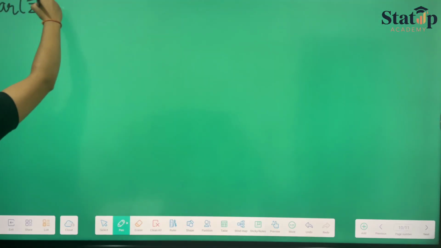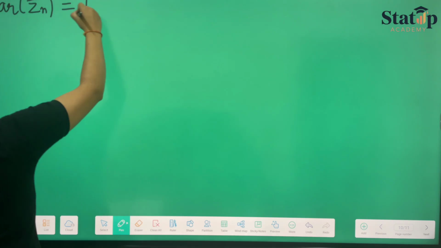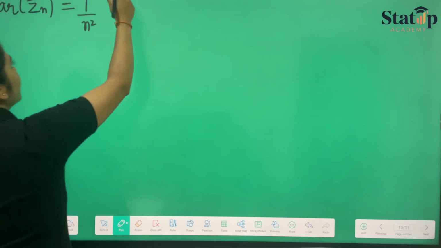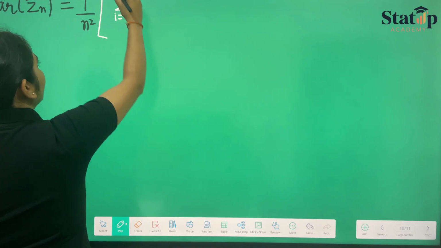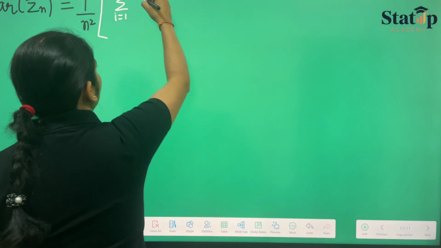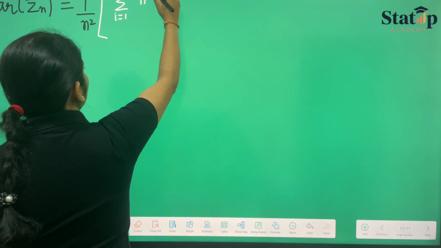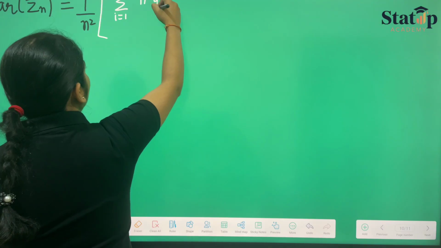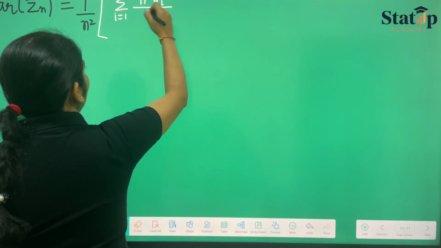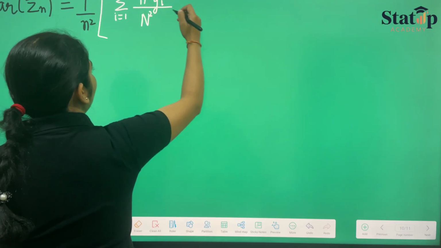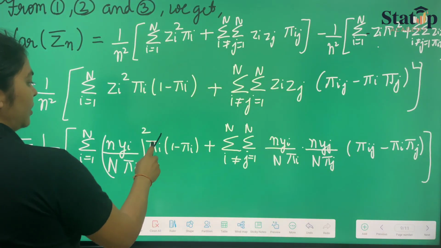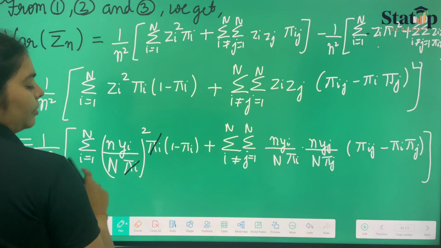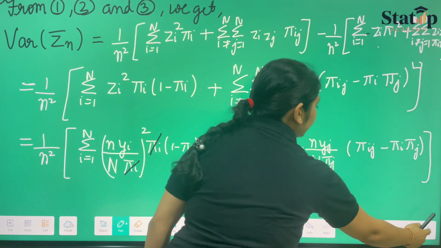The variance of z̄n is given by 1/n² in brackets, summation i goes from 1 to n. Zi² was n² yi² upon capital N². πi was 1 in the numerator, it gets cancelled from 1 in the denominator and we'll be left with 1 in the denominator.